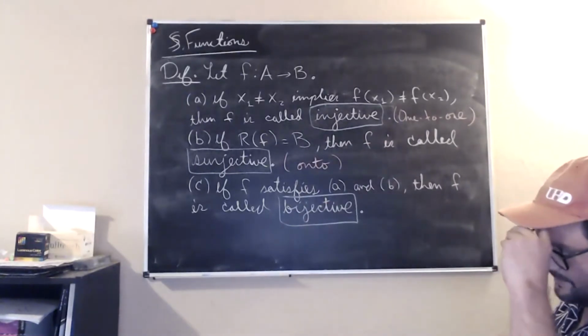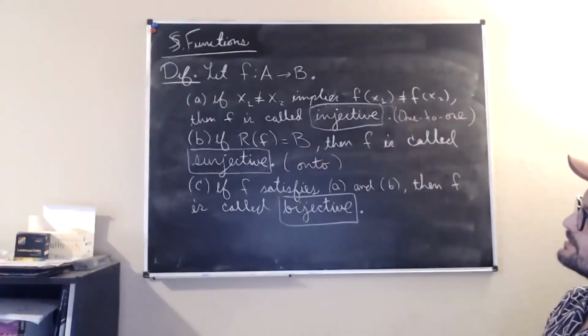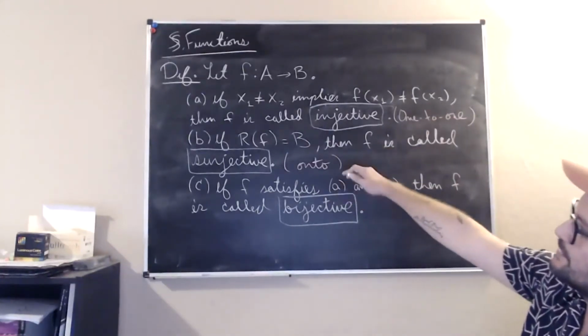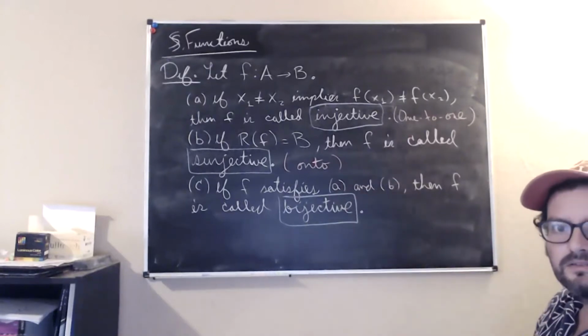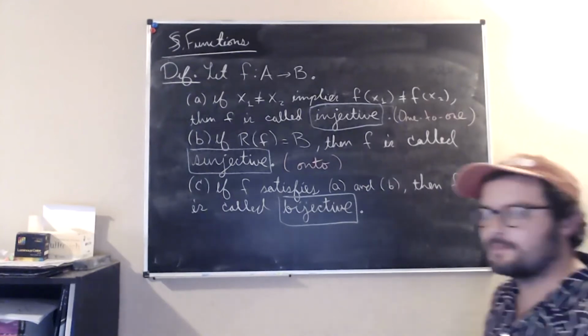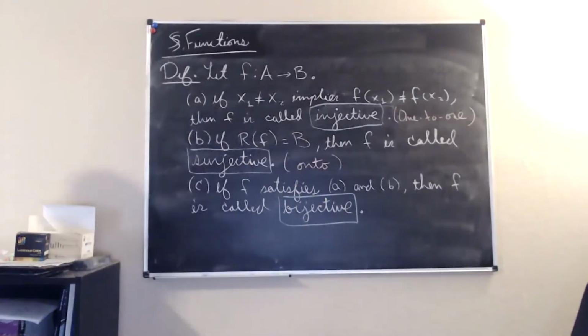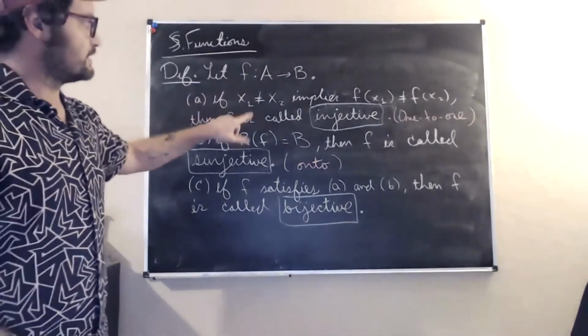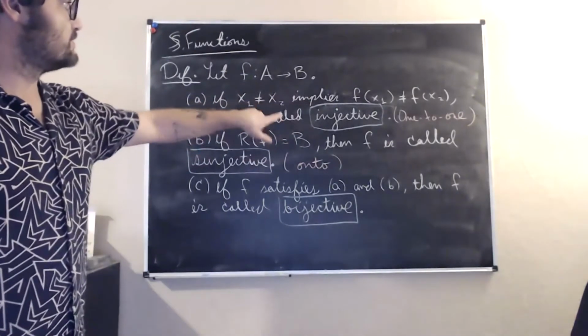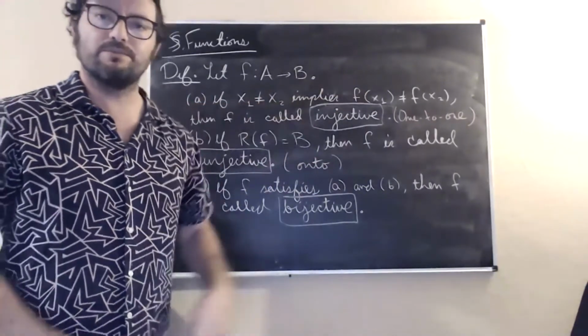But as we enter into our upper level mathematics courses, you're going to start dropping one to one and onto and begin using injective and surjective more often. So I'll give you a moment to finish writing that down. Be sure to have these definitions clear in your head that injective means two values in the domain, if they don't equal, then their images don't equal, right?